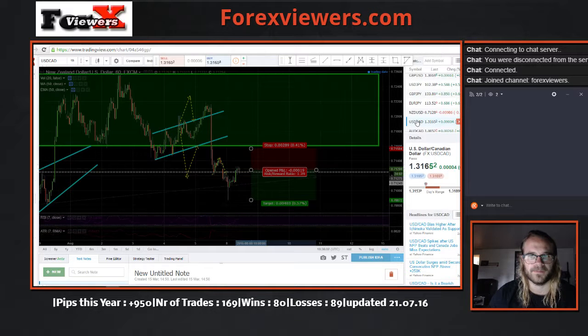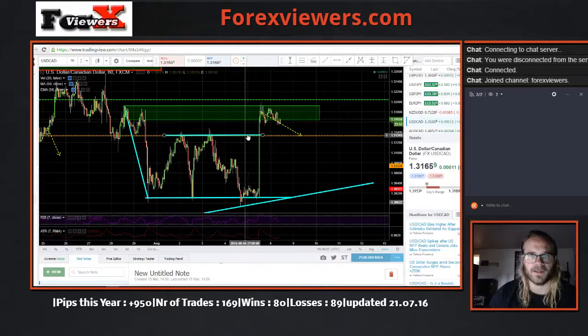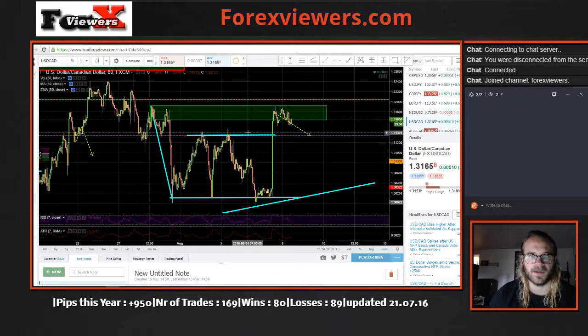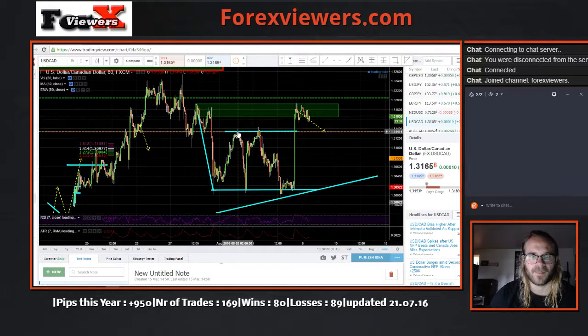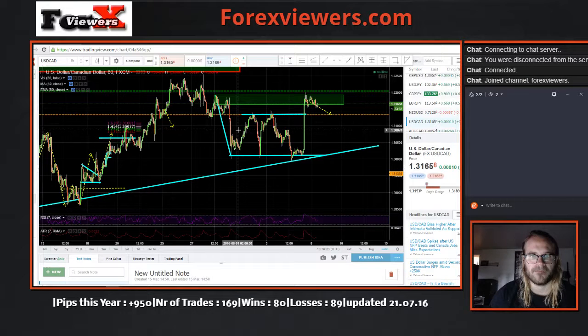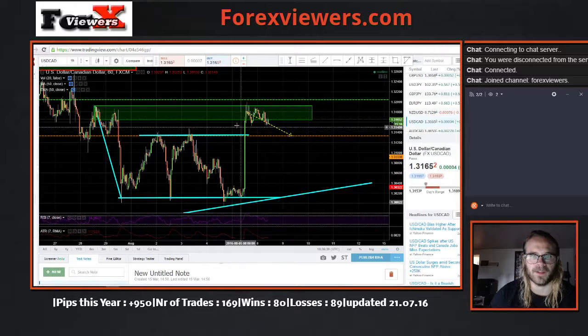Dollar cat. The interesting push to the upside during the non-farms. It did make a double top here. Then you can argue if it's a double top or not.